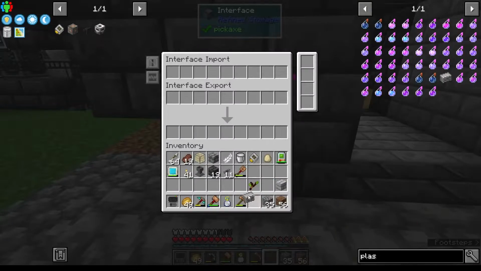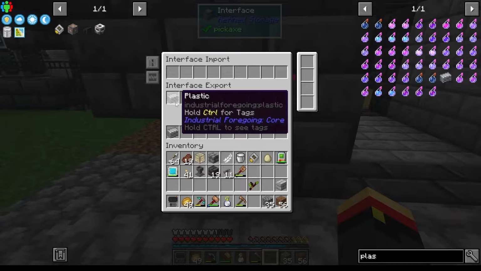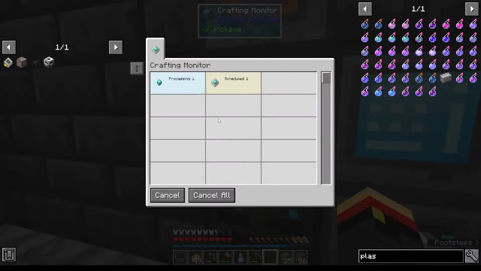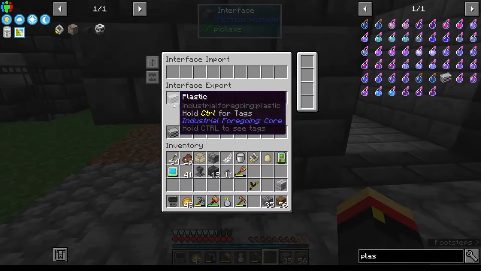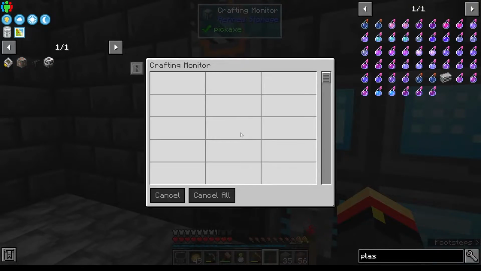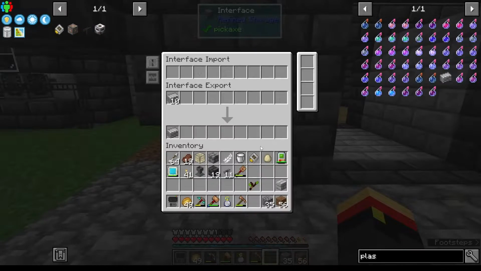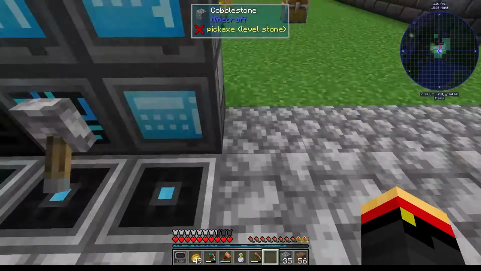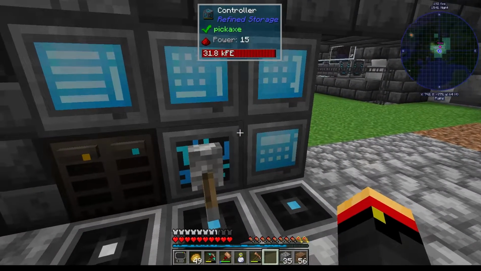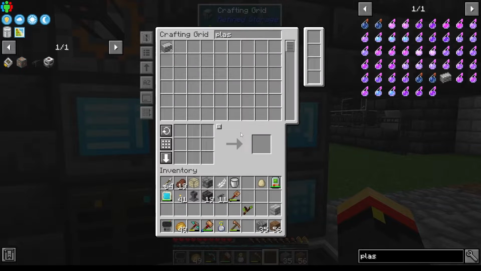So hey, let's tell it to make plastic on demand, and I want, I don't know, 10 of them? Yeah, probably 10 of them. There we go. And it is going to not do that because I didn't put this in there. Now that I have, it will start making that. So, cool. All right, that's all we need to do for that.